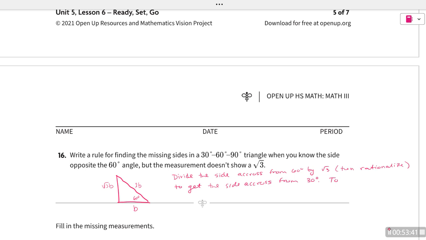To find the hypotenuse, we double the side we just got across from 30.